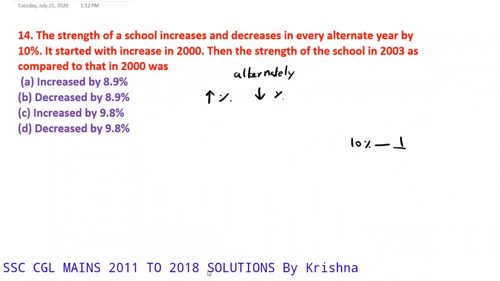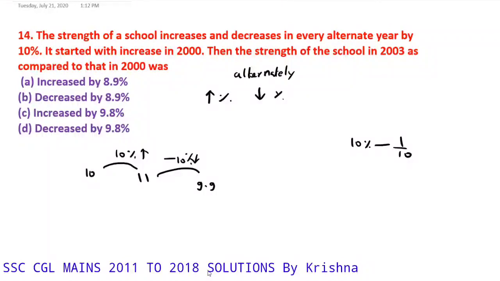So 10% is 1 by 10. So initially, in the first year, let's assume the strength is 10 units. On 10 units, 10% has been increased, so it became 11 units. And again, alternately increasing and decreasing, in the second year it has been decreased by 10%.